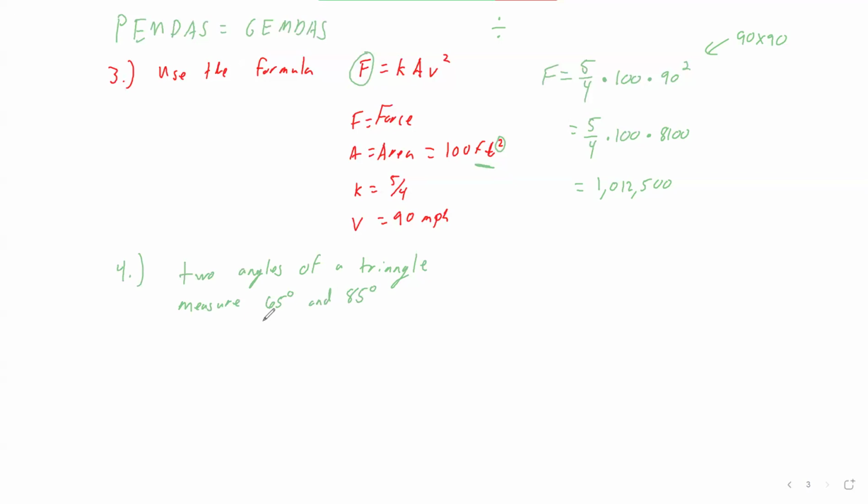And it wants to know what is the third measure. So this, you said, would be a geometry question, and it expects you to know this coming into an algebra course. What does a triangle, all three angles, add up to?